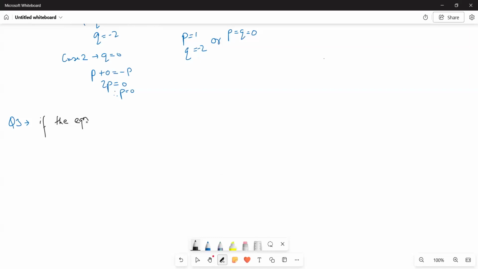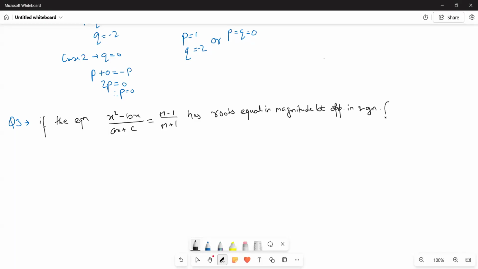If the equation x square minus bx by ax plus c is equal to m minus 1 by m plus 1 has roots equal in magnitude but opposite in sign, find m.